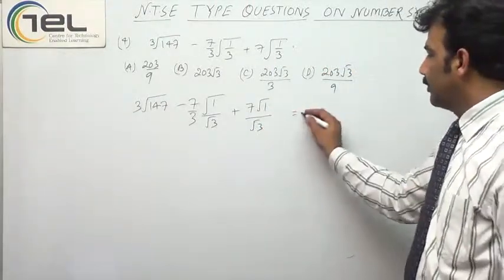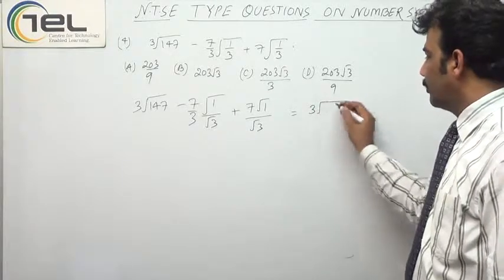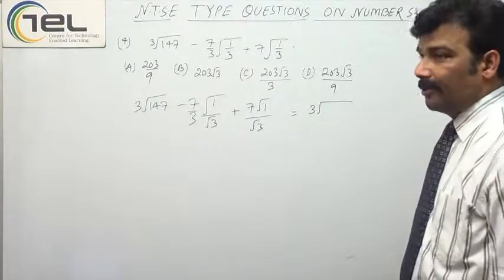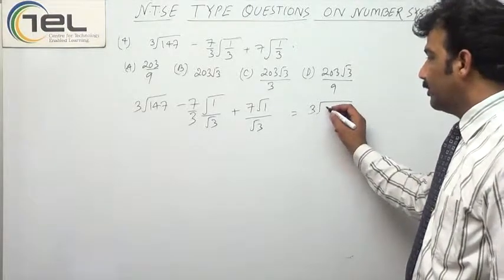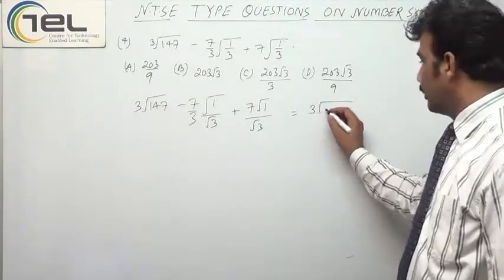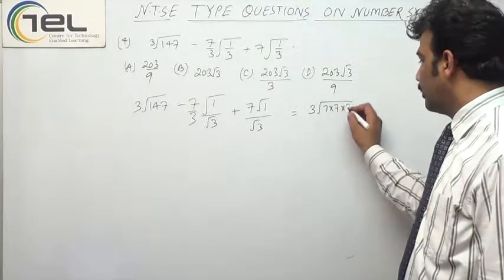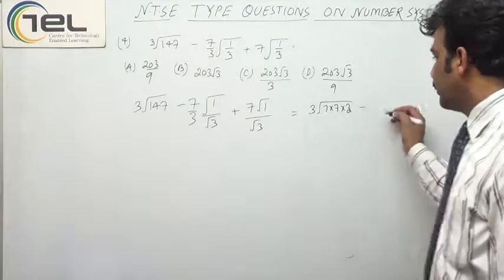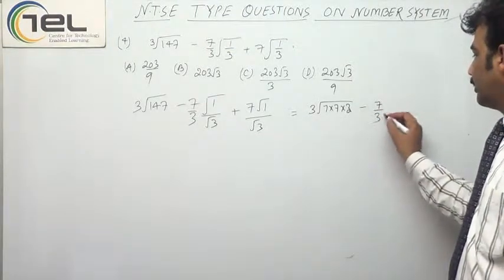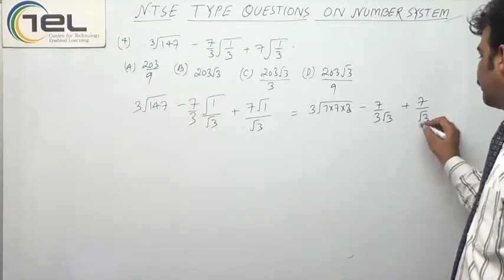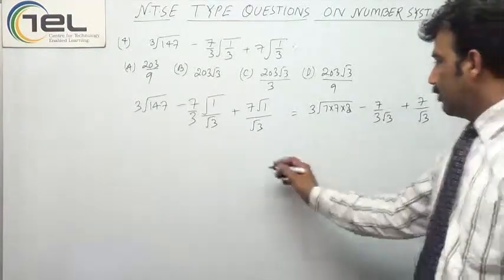What does this make? 147 is 49 into 3, so it is 7 into 7 into 3. So it is 3 into 7 root 3 minus 7 by 3 root 3 plus 7 upon root 3.